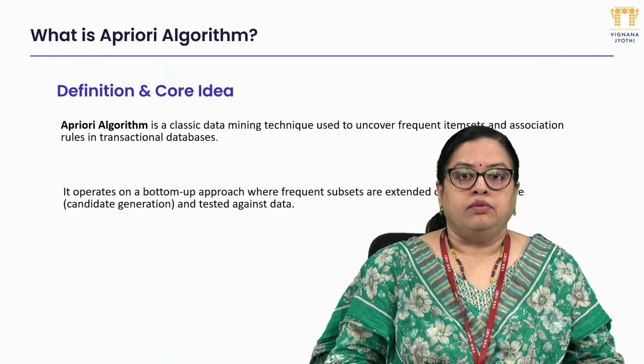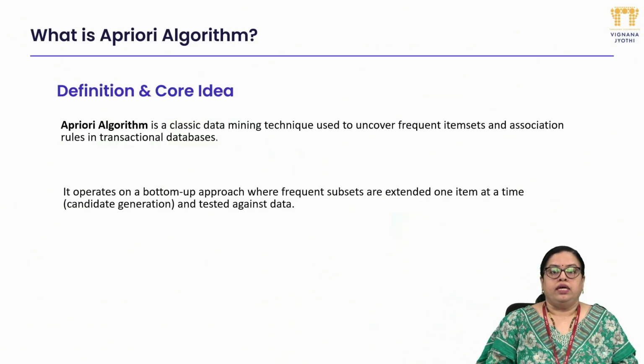Before going in depth into the Apriori algorithm, first we know the basics of what it means. It is where we uncover frequent item sets and association rules from different transactions. Suppose we go to a market and purchase bread, butter, milk.